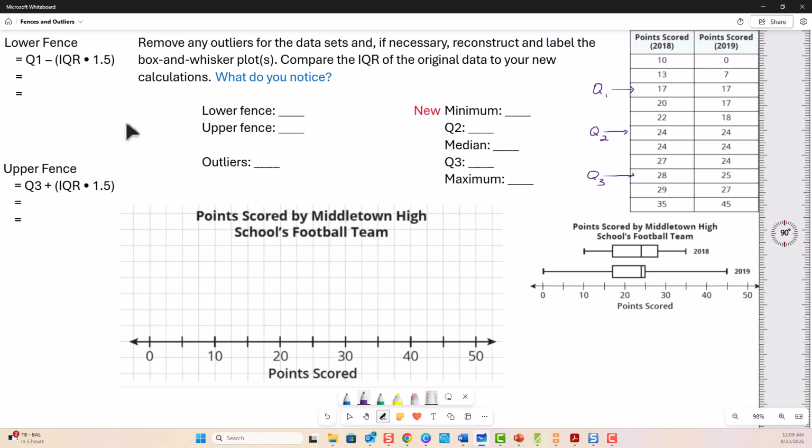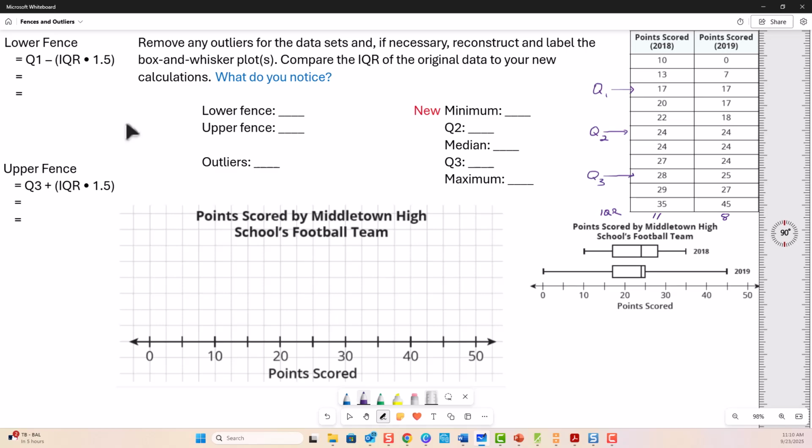For 2018, my interquartile range, IQR, is 28 minus 17, so that is 11. And it is 25 minus 17 for 2019, so that is 8.